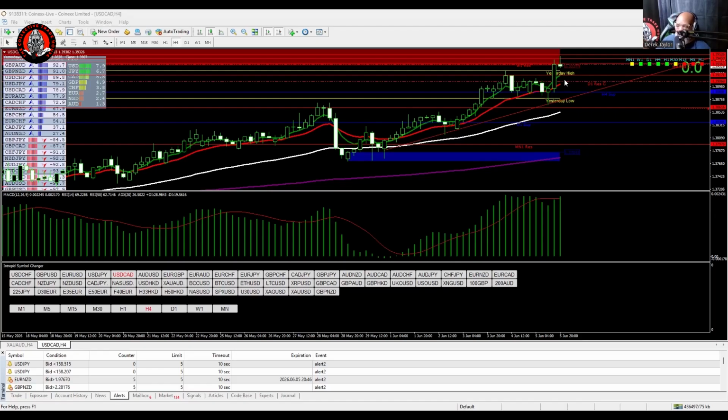So then I have to prepare by looking at the next line of structure, looking at significant levels of structure, and then finding out where is the space for me to enter, and do I have volume when I get ready to enter? Well, let's talk about the flip side.